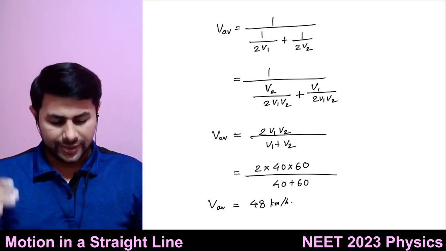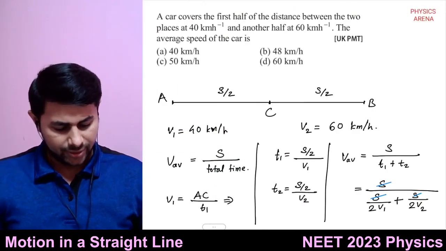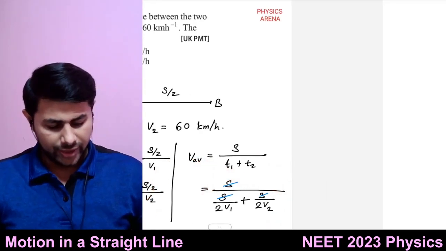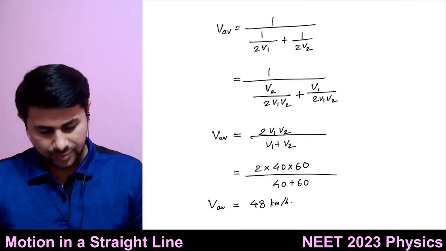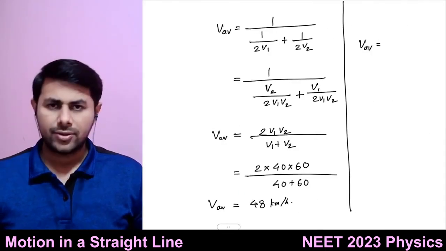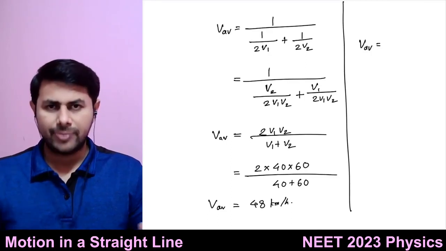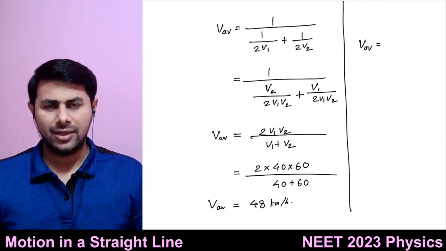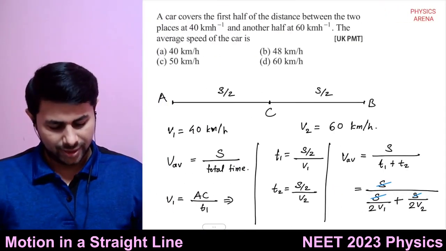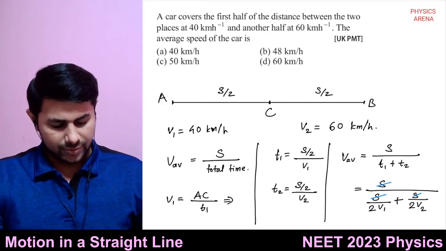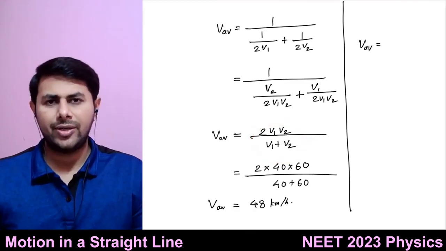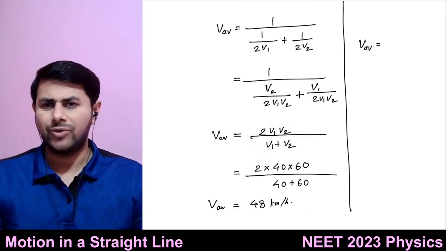So instead of doing all this and substituting over here, you can directly write that V average is equal to, if the total displacement is divided into 2 parts, then it will be 2v1 v2 divided by v1 plus v2. But if it is divided into 3 equal parts, then what will you do?